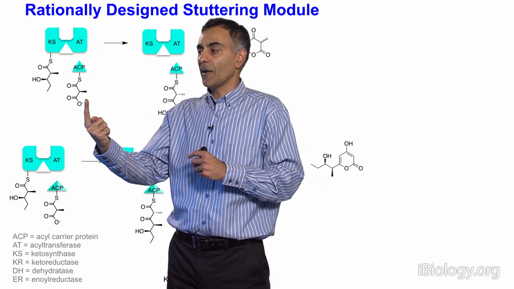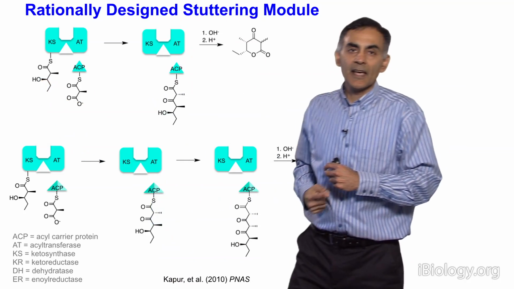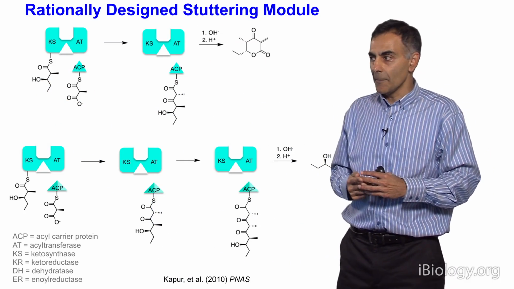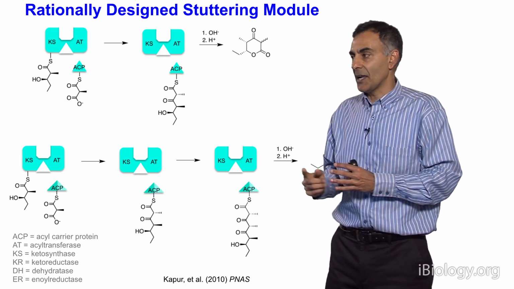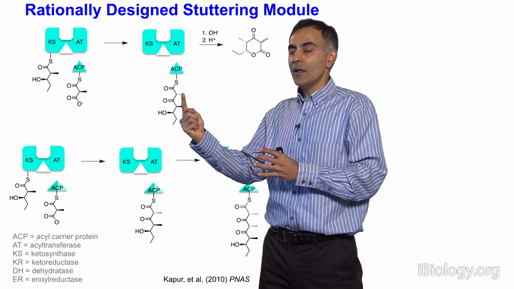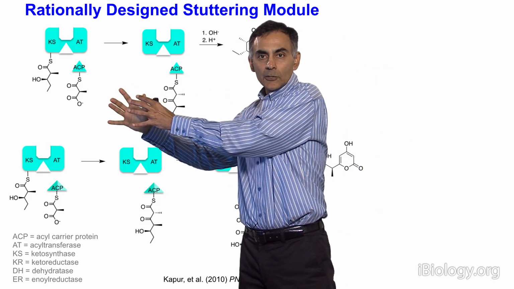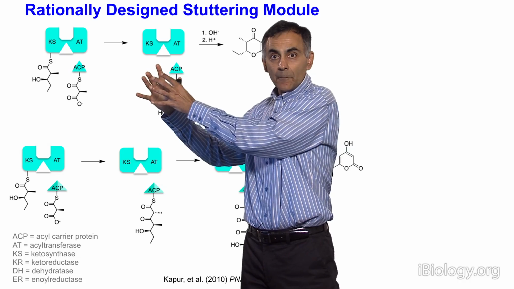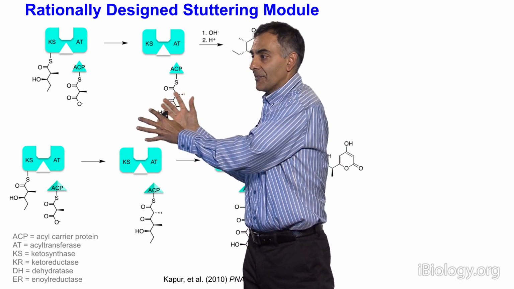you give it a nucleophilic substrate and electrophilic growing polyketide chain, and you ask it to catalyze chain elongation. It'll do so. It'll do one round of chain elongation, and it'll stop at this point.